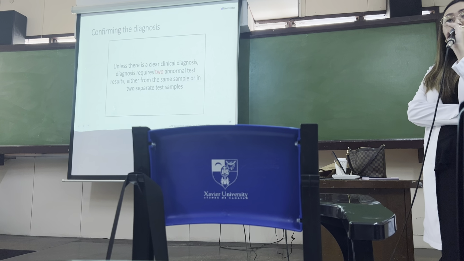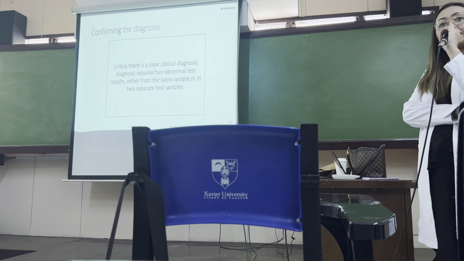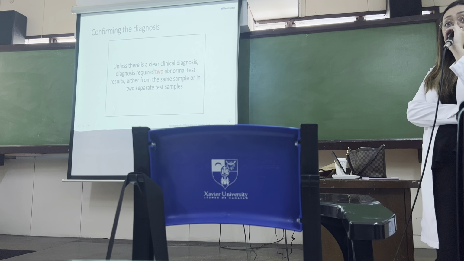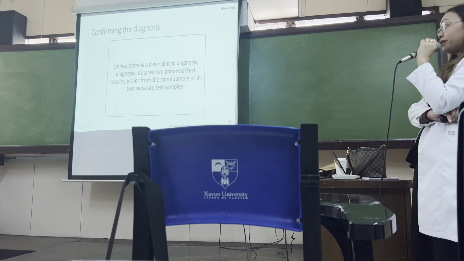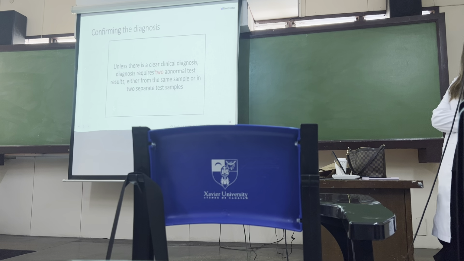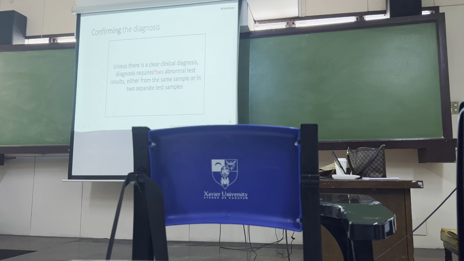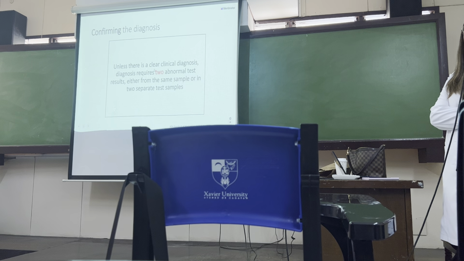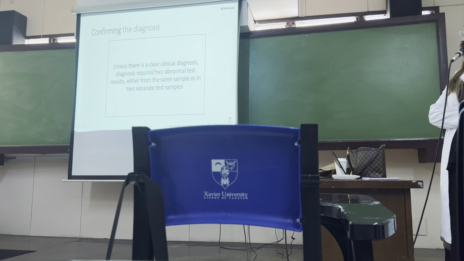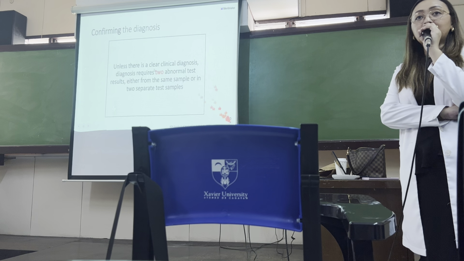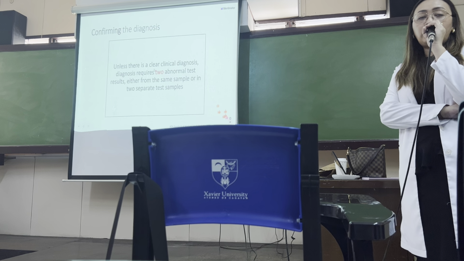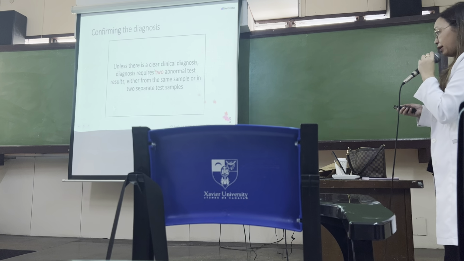Do you diagnose the patient immediately as having type 2 DM? No. You need to repeat and confirm the test, either with the same sample or in two separate test samples. So you can either request for an A1C, or you can have the patient have a repeat FBS the next day, or within 2 weeks. Pwede na po.